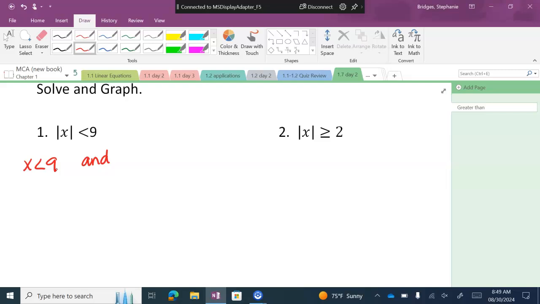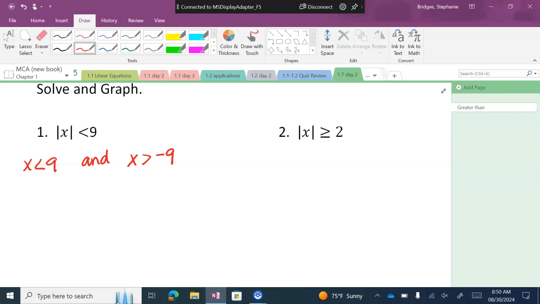So what we do is we keep the x the same, but instead of less than, it's going to turn to greater than, and instead of positive 9, it's going to be negative 9. You flip both the inequality and the sign. Does that make a little bit of sense?